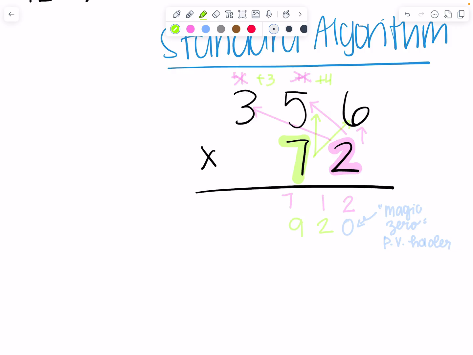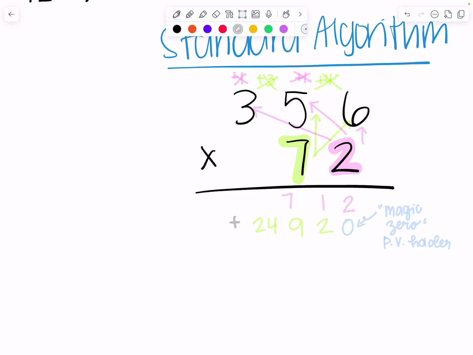Carry my 3. And then 7 times 3 is 21, plus 3 is 24. So, now I have, these are basically partial products as well, but a little bit more broken down, I'd say.